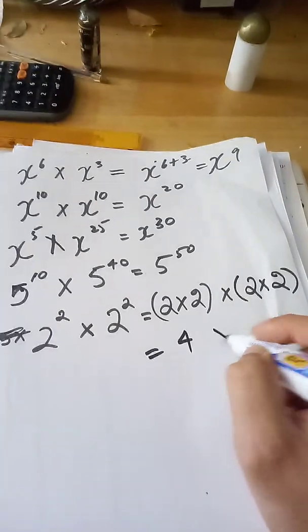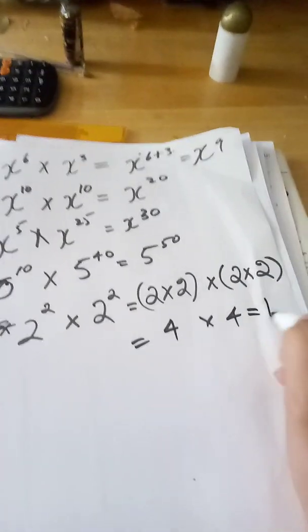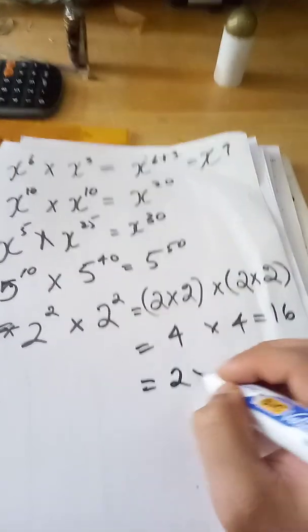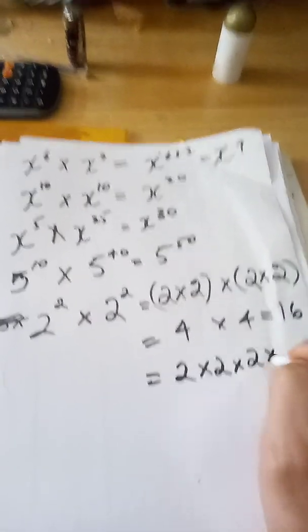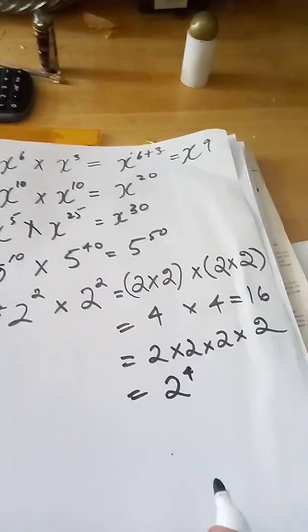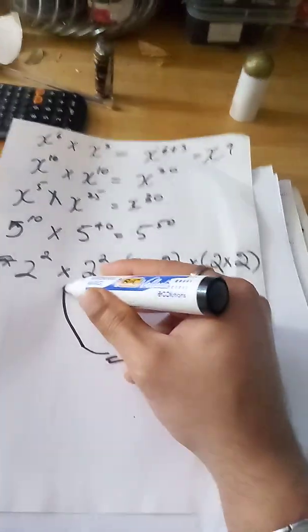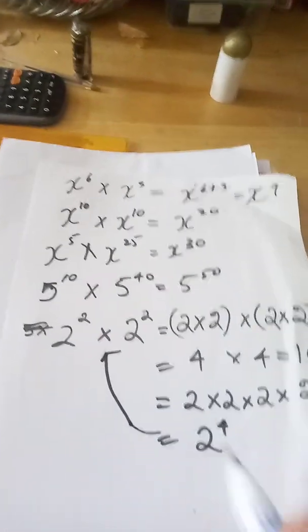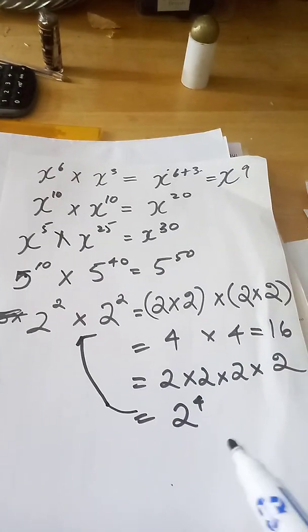It'll be 4 times 4 equals 16, and we all know 16 is 2 times 2 times 2 times 2, so in actuality it's 2 to the power 4. So that's how things are for this.